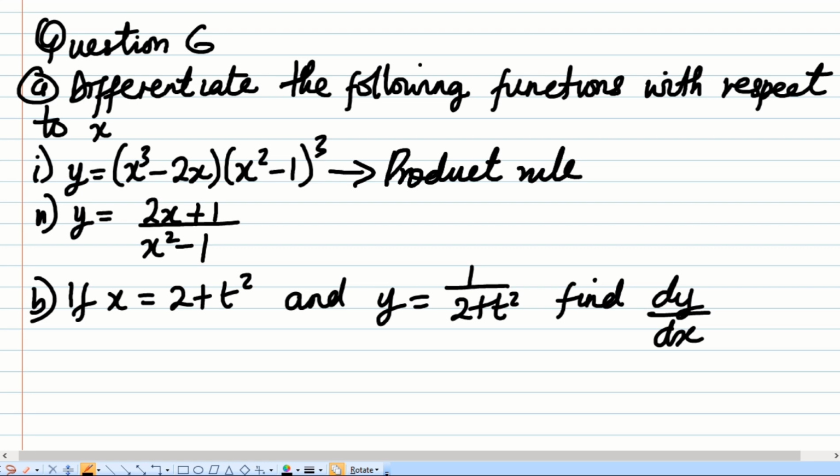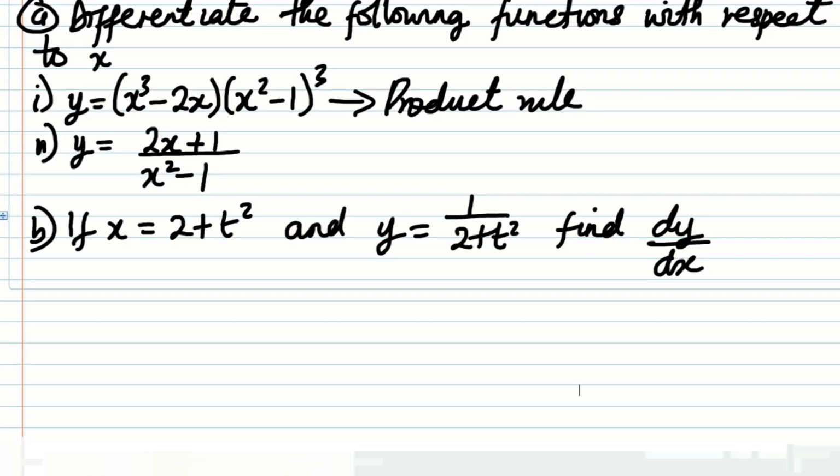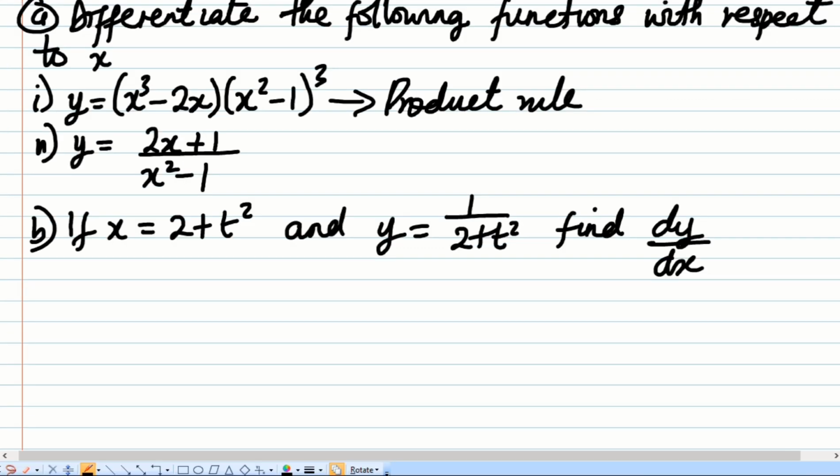Now let's move on to II. I don't think we've done any on II. So this is quotient rule. We have y is equal to 2x plus 1 divided by s squared minus 1. Anytime you have division, you're going to use the quotient rule. And what's the quotient rule? Quotient rule states, now remember again, we're going to call the numerator u, and I'm going to call the denominator v.